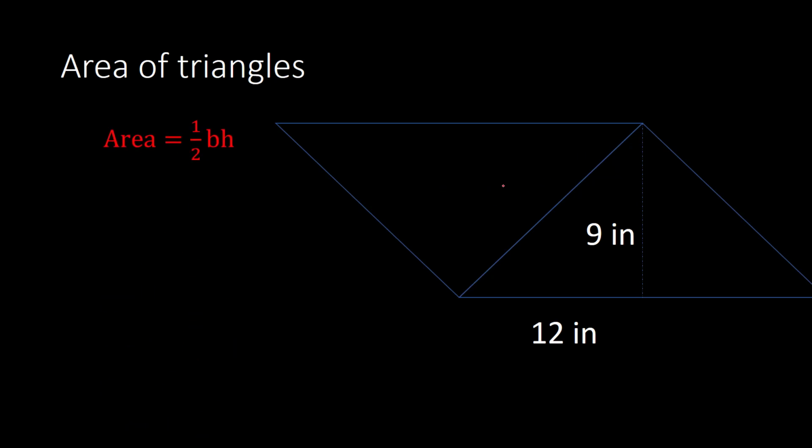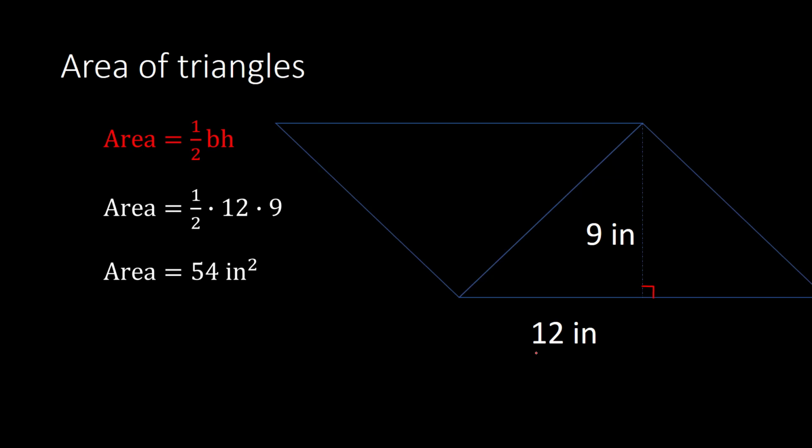So same idea, area for this triangle is still 1/2 base times height, where the base is the bottom, which is 12 inches, and the height is the distance from the vertex down to that base. So it's perpendicular, it's a 90-degree angle right there. So the 9 inches would be the height, 12 inches the base. Plug those numbers in, and you're going to get 54 square inches.